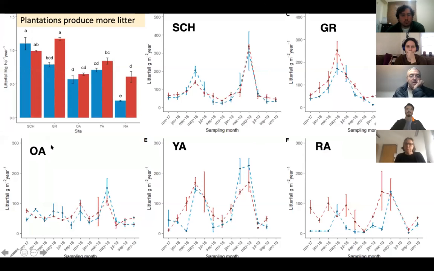This is litter production throughout two years of measurements, and we can see that in most of the sites, the plantations produce more litter than the native forests. And obviously there are changes in the way, since these are pine plantations versus the deciduous forest, there's a change in the dynamics of litter production too.